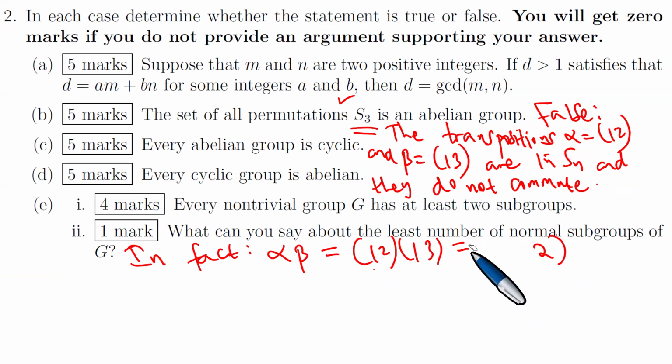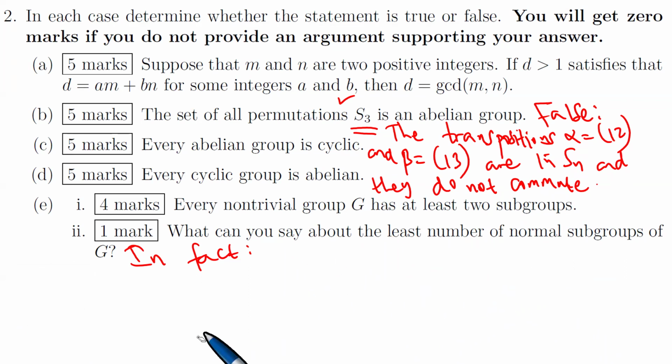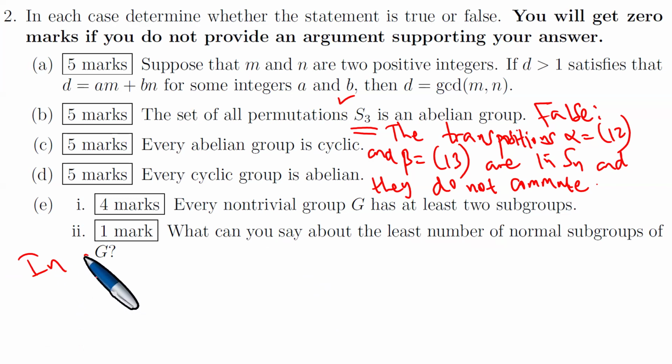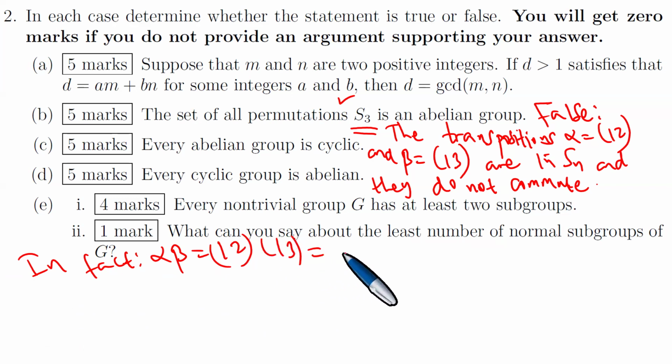Let me just explain these as follows, just to make sure this makes the kind of sense I wanted. Let us look at alpha beta, where alpha is (1 2) and beta is (1 3). Then we have 1 2 3 and 1 2 3.